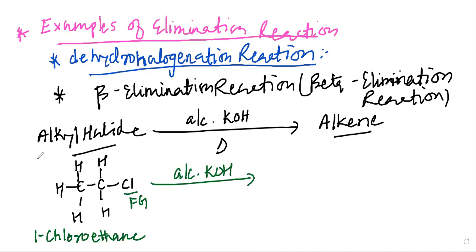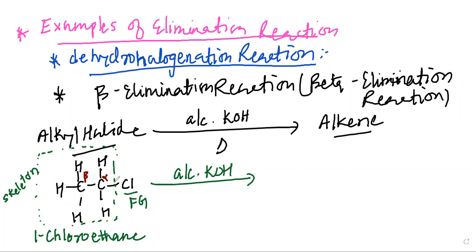This is what we call a skeleton. We write it as a skeleton. Now, my dear students, this functional group is bonded to this carbon, which is known as the alpha carbon. This is known as the beta carbon.